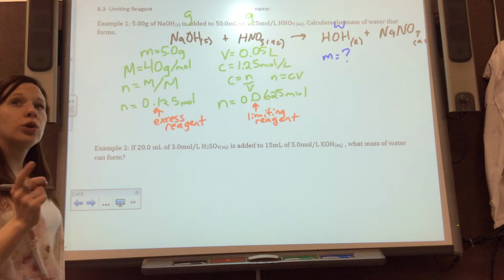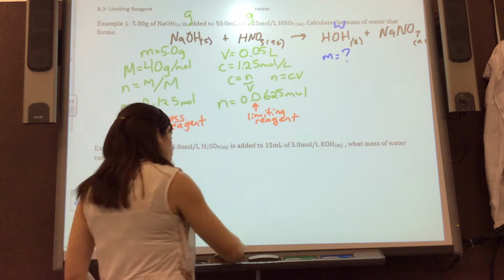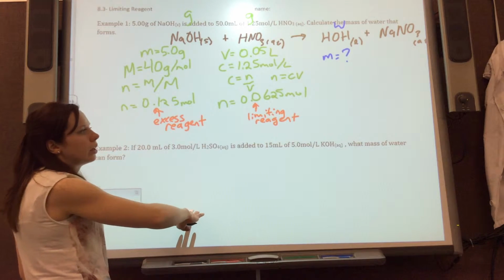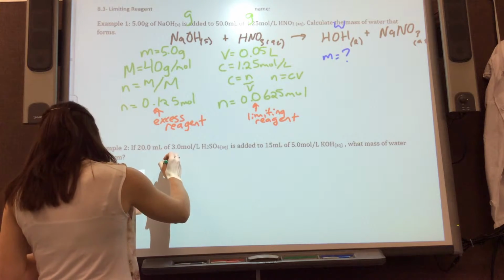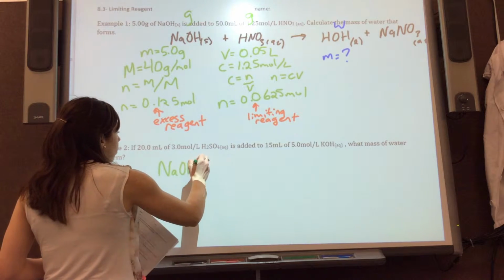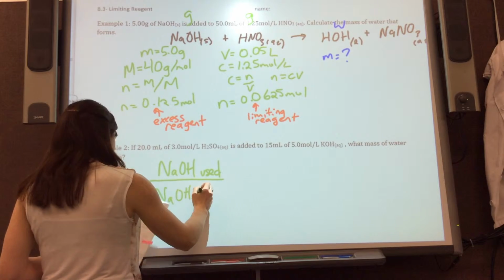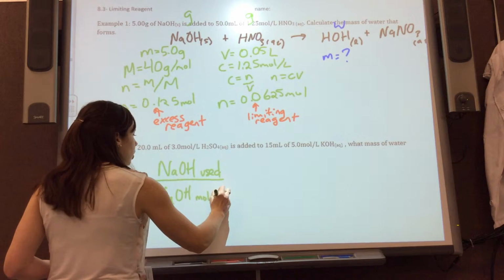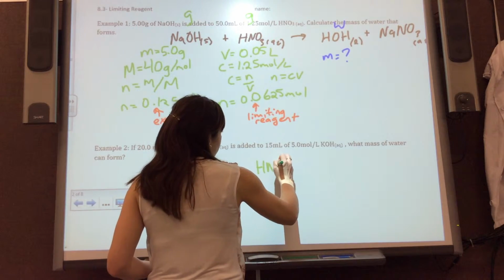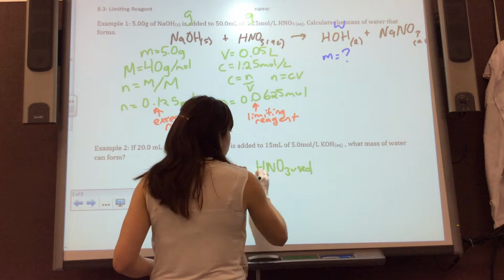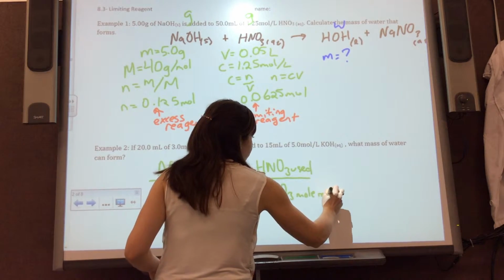So say though you couldn't tell right offhand. Say it was like a weird coefficient. The way that you set up the ratio, and I'm just going to put it down here, is you have like your NaOH used divided by NaOH mole ratio, which is your coefficient, is equal to your HNO3 used divided by HNO3 mole ratio.